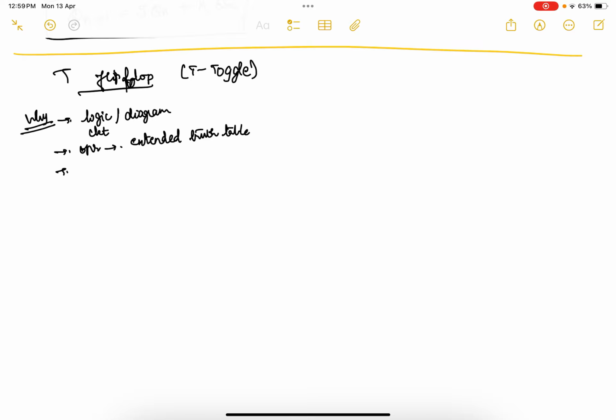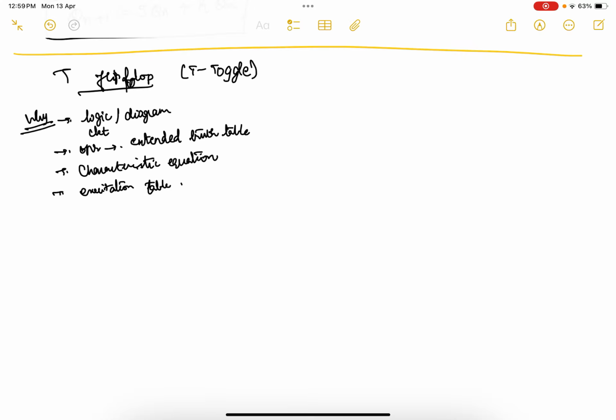Then we will go about our characteristic equation for this, and finally we will be seeing about the excitation table for the conversions. Clear? So the first part is why this toggle flip-flop.